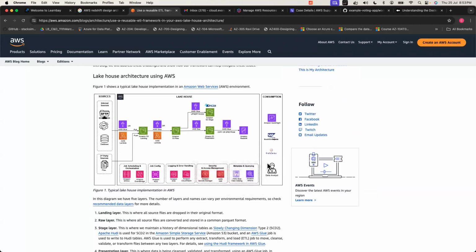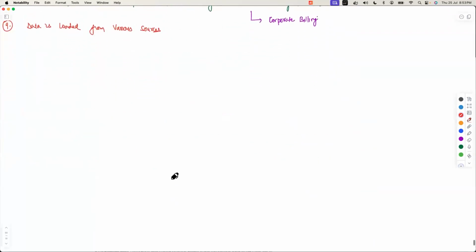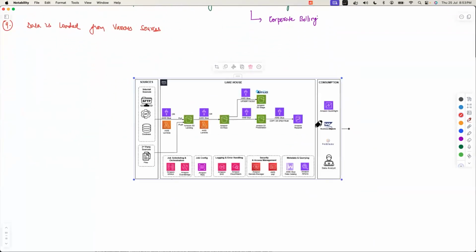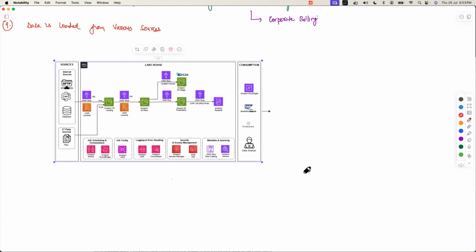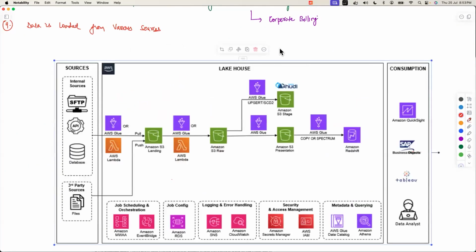Okay, let's use this diagram. So now ultimately data is coming from various sources. You see, it can be S3.